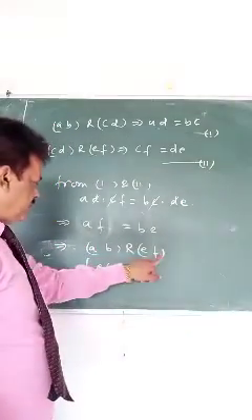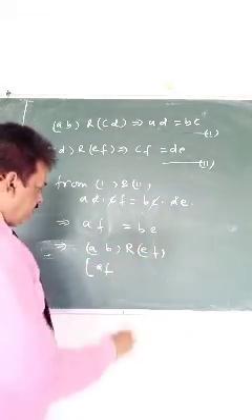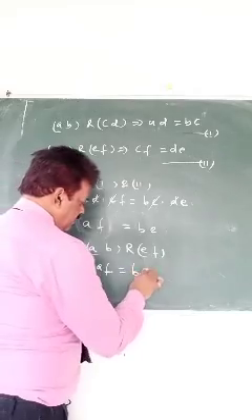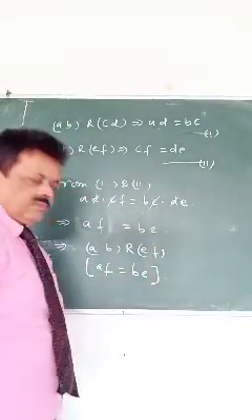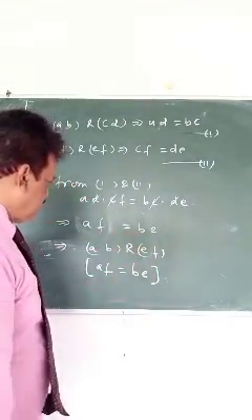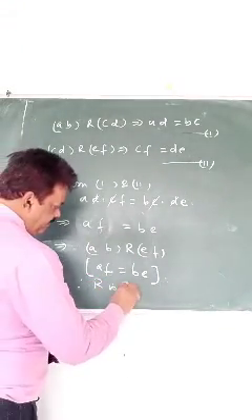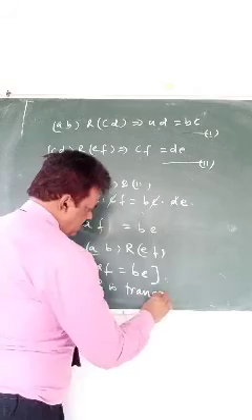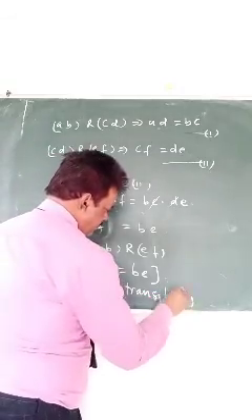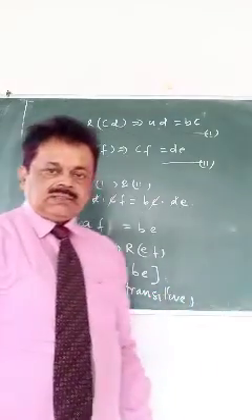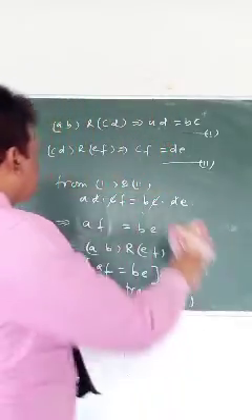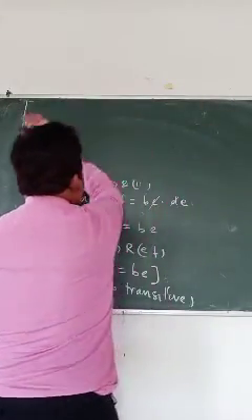A into F equals B into E. Look, you have got it. Therefore R is transitive. So you got all the three relations. Therefore, R is an equivalence relation.